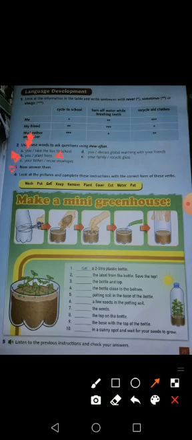And number C, my father reuses envelopes. Okay, my father. How often, look, how often does your father reuse envelopes? Why do I use does, not do?